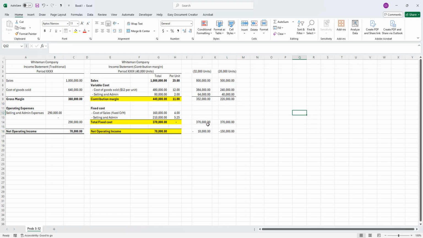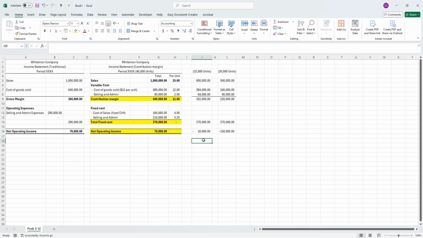If they simply ask you what is my change in the operating income, you can simply see that sales decreased by 8,000. 8,000 times 11 is your $88,000. So that means we know that the operating income will decrease by 88,000.